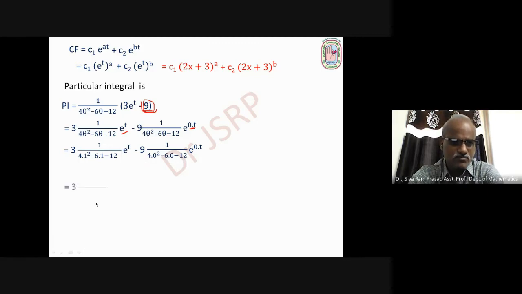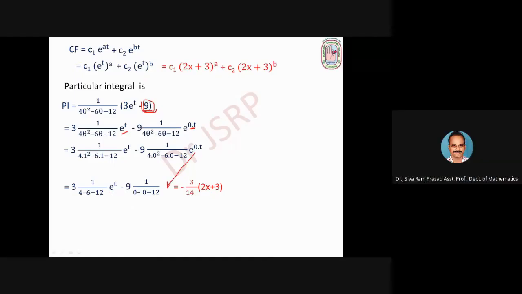Simplify this. Here e power 0t means 1. So here you need not write this again, since e power 0t is 1. Okay, right, simplify this. Again e power t is 2x plus 3.